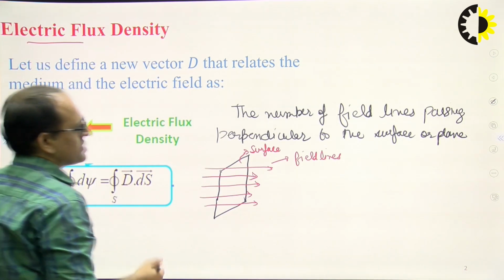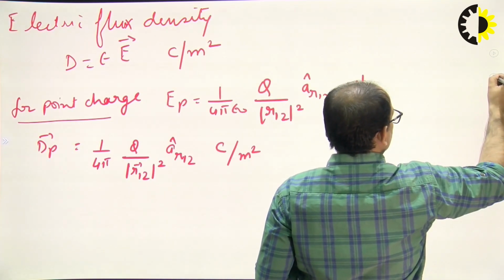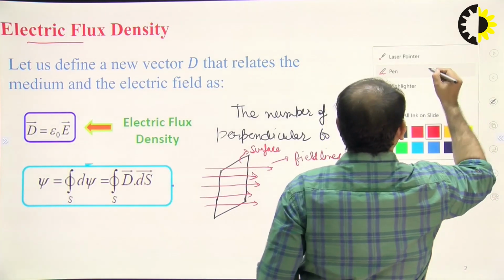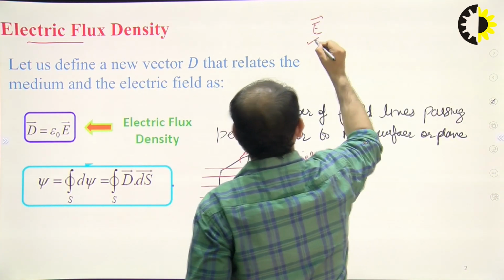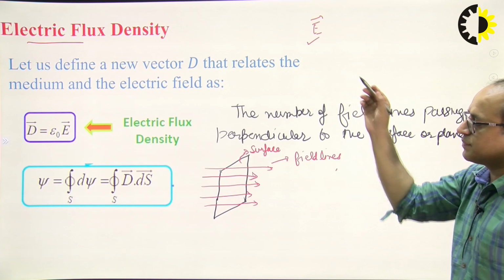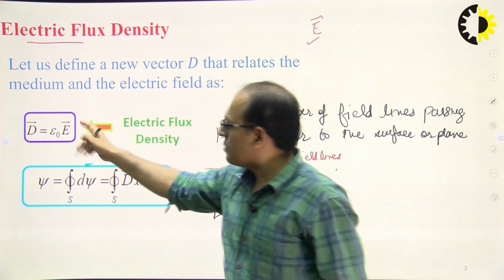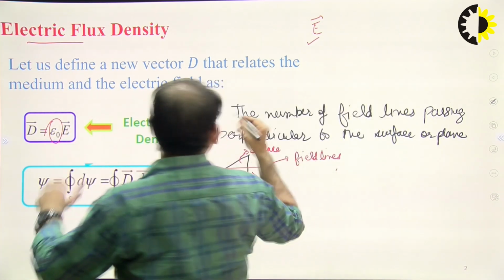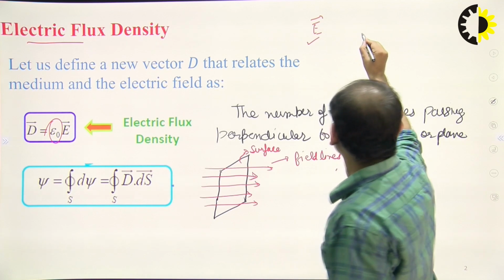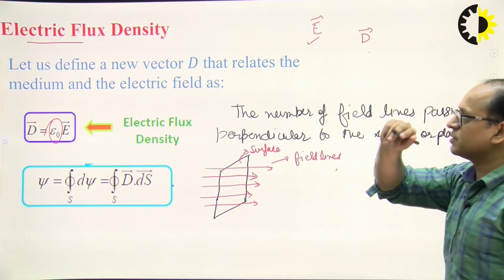So first of all, we will talk about the electric flux density. As we know, the electric field intensity is given by this. When this is dependent upon the permittivity of the medium, then another vector will be formed, that is the D vector. This is the electric flux density.